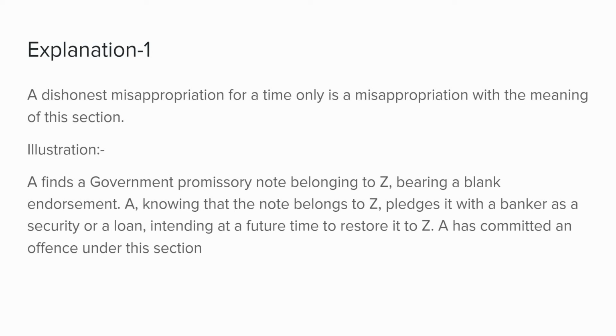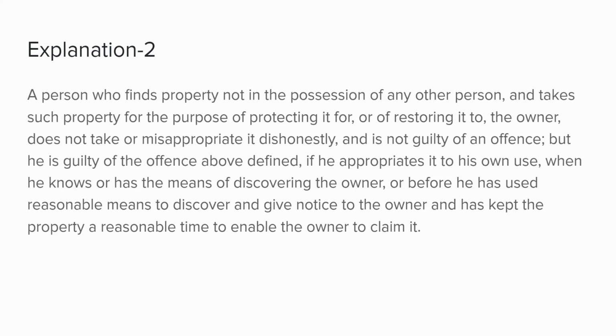A knows that that particular promissory note belongs to Z. Then A pledges that particular promissory note with a banker as security for a loan, intending that at a future time he will restore it to Z or give it back to Z. Here in this case, A has committed an offense under this section.